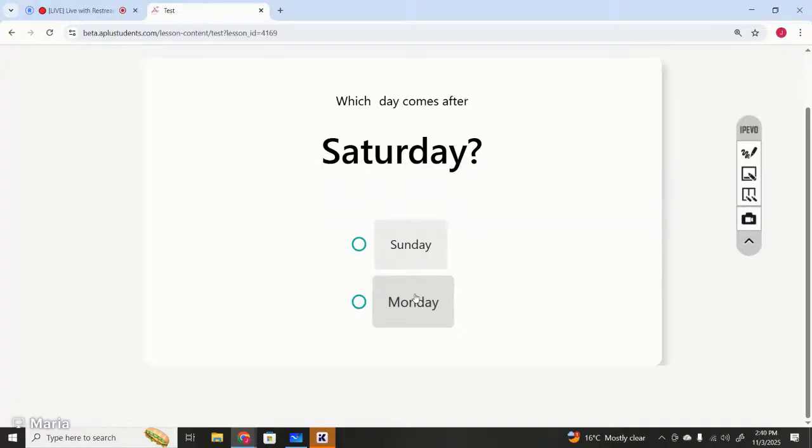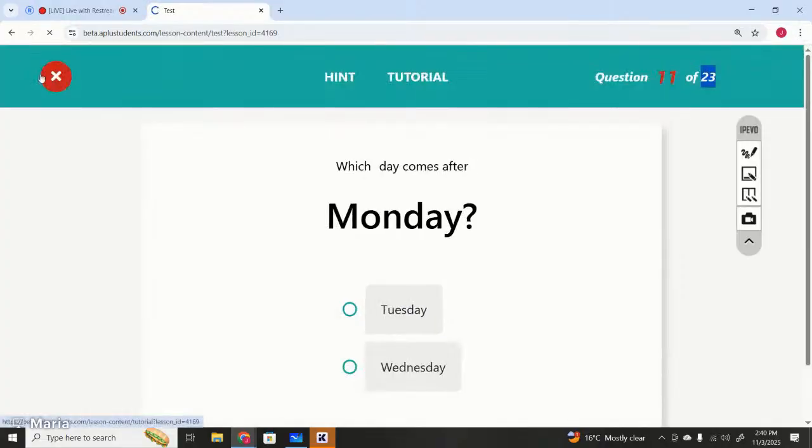Which day comes after Saturday? Sunday it is. Option number one is the correct option. Okay, you can complete the lesson by yourself later today.